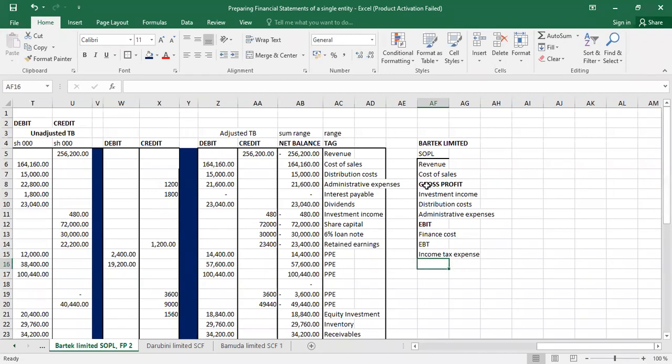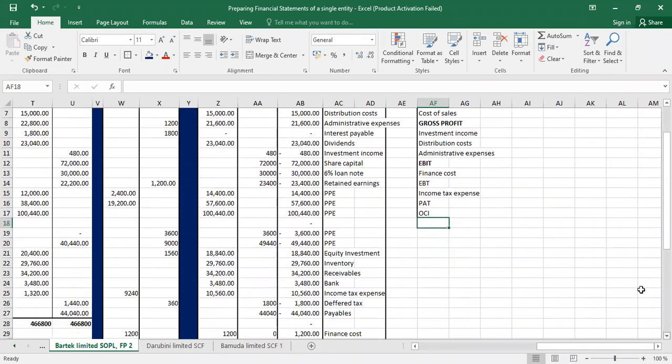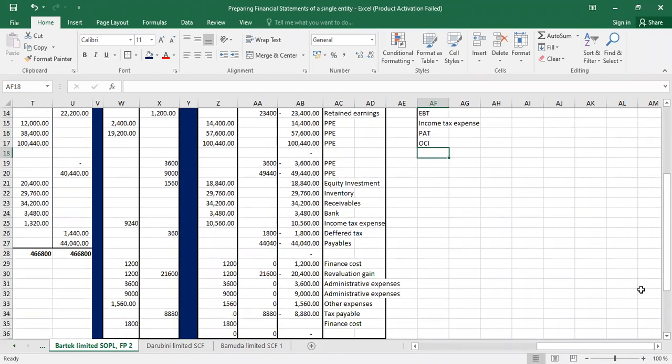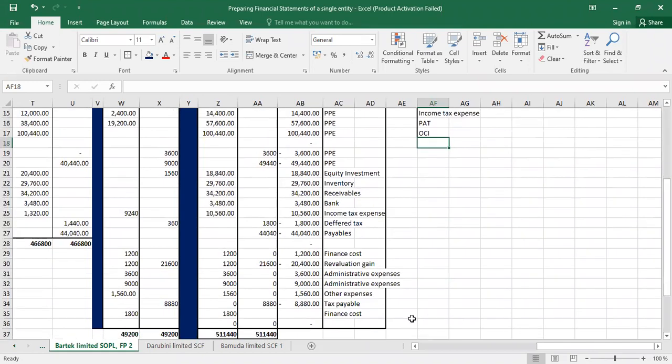After that one, the other thing will be profit after tax. Then we have other comprehensive income. I just write OCI, other comprehensive income. We have revaluation gain. That's what we are not taking. And where was it? Here, revaluation gain. Control C. Control V. Then total comprehensive income.